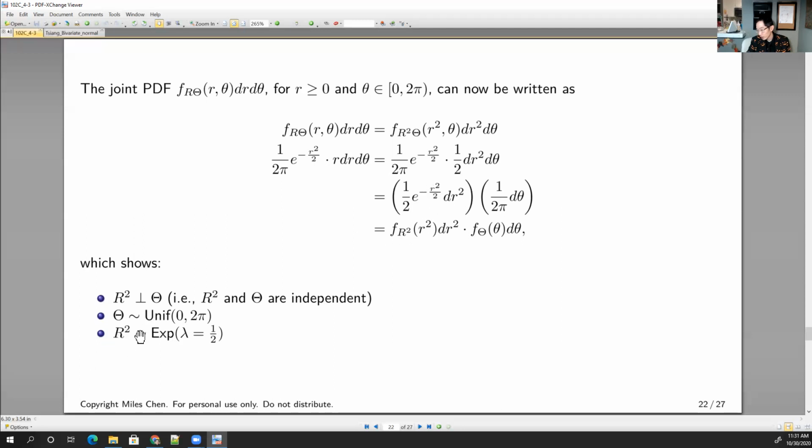So r squared is an exponential random variable where the rate parameter is 1/2. And this is the product of two PDFs, so therefore r squared and theta are independent. Theta has the PDF of a uniform distribution from 0 to 2 pi, and the variable r squared is exponentially distributed with a rate parameter lambda equal to 1/2.